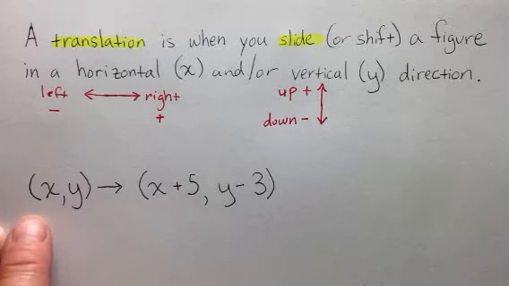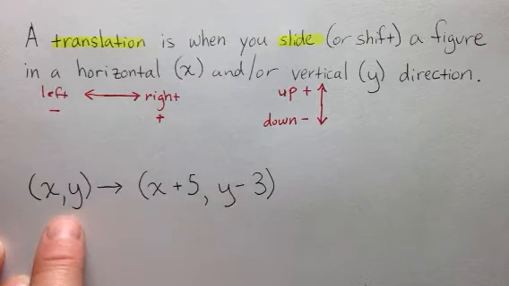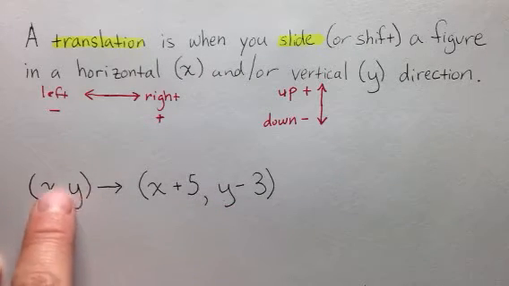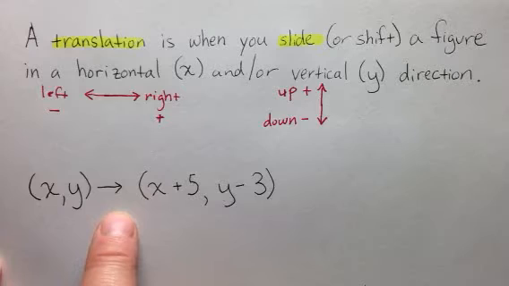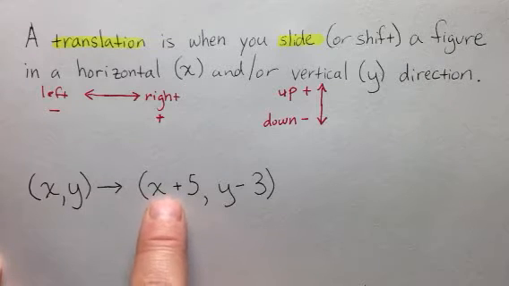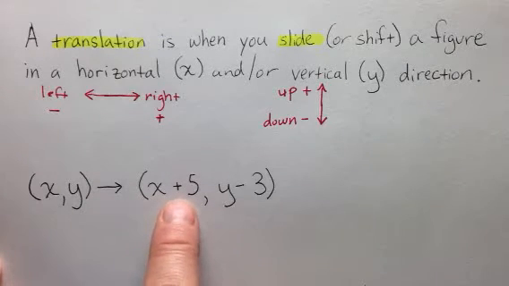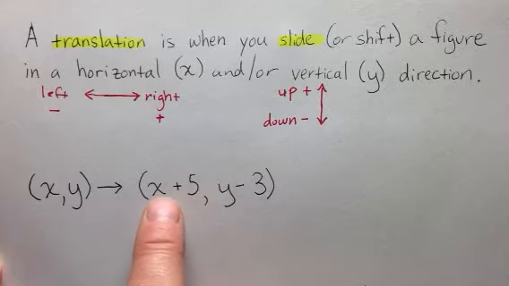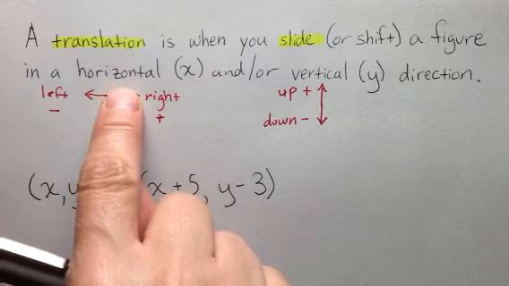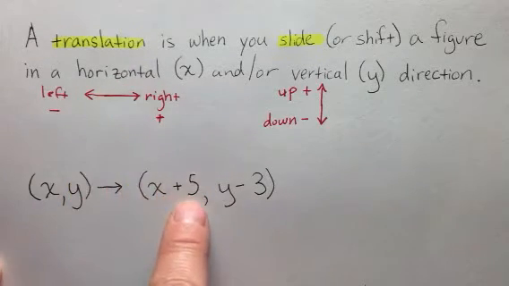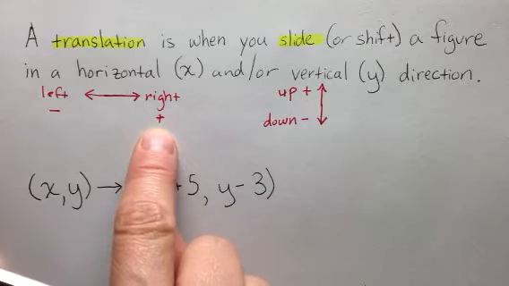You could also be given it as a rule like this right here. And what this says is that any point x, y maps onto, and then they tell you that in the x direction you're going to add 5. Well, in the x direction, that's your horizontal. And if you're adding 5, it means you're moving to the right.